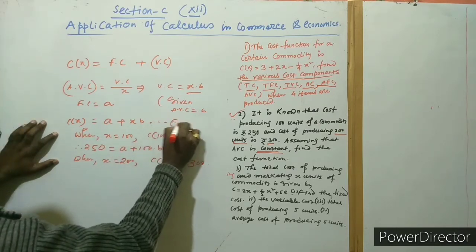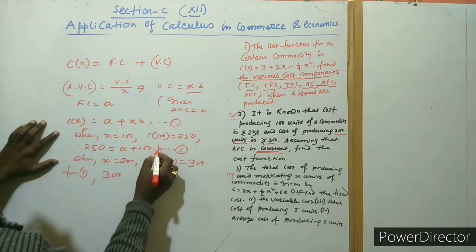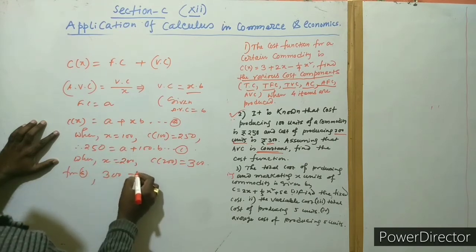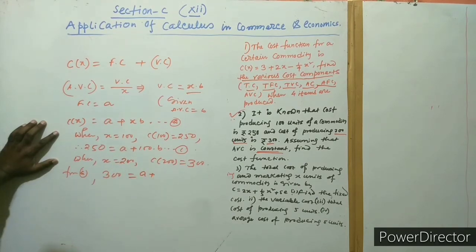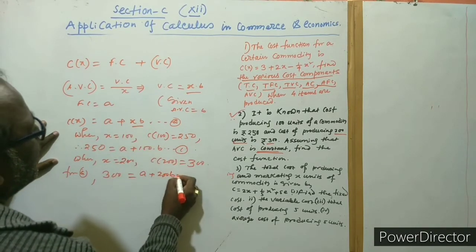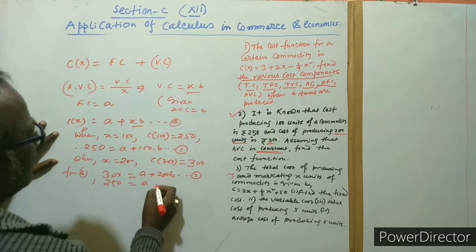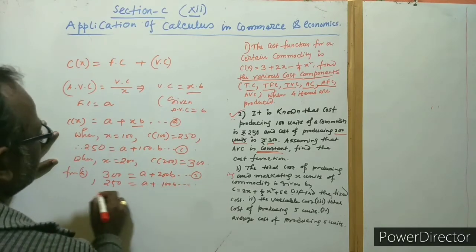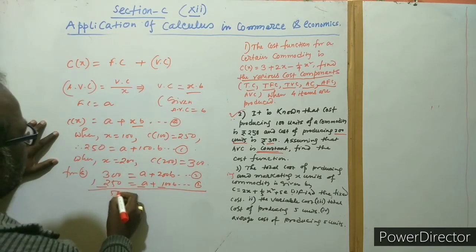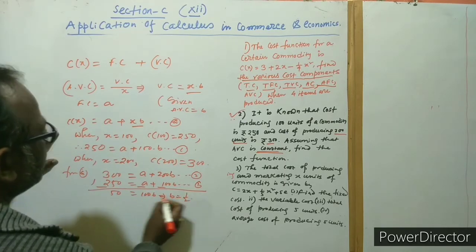So from equation 2, this is 300, which is A plus 200 units into B. So solving 1 and 2: 250 is A plus 100B, this is equation 1. Doing subtraction, we get 50 is equal to 100 into B, and B is equal to 1 by 2.